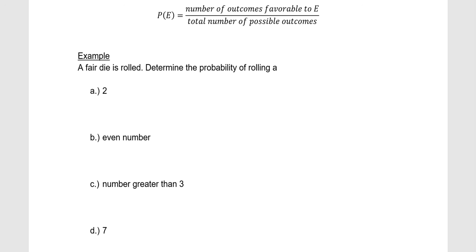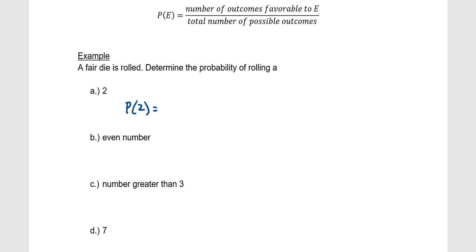So let's say that we roll a fair die, and if it's not mentioned, it's assumed to be a 6-sided die. So a fair die is rolled. We want to determine the probability of the first one, rolling a 2. Okay, so I'm going to write this like this, the probability of rolling a 2, or you can once again do the probability of event E, where E is the event of rolling a 2.